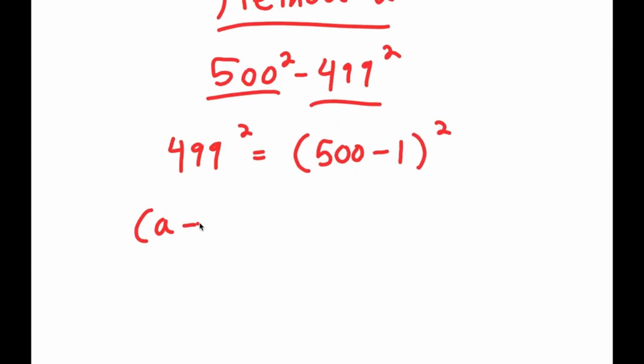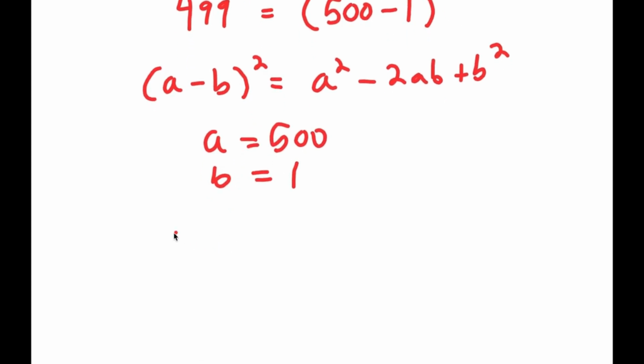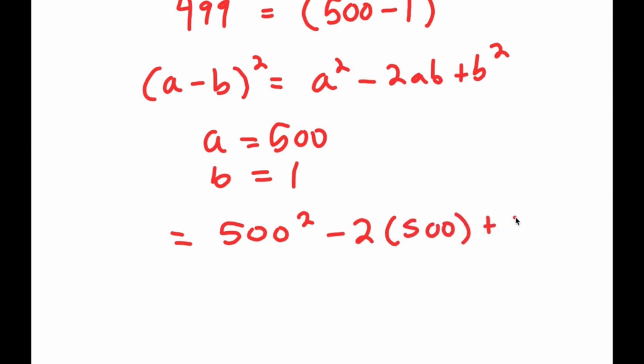And if I have something in the form a minus b squared, this is equal to a squared minus 2ab plus b squared. So, in this case, a is 500 and b is 1. So this is going to turn into 500 squared minus 2 times 500 times 1 plus 1 squared.